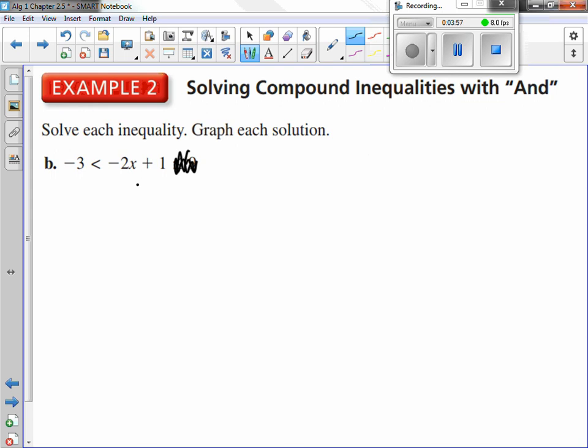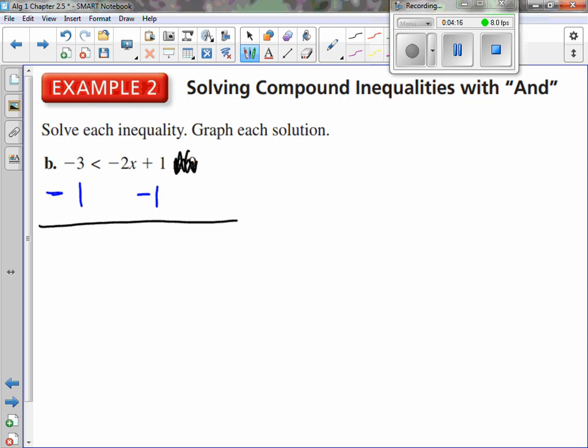If I want to get the variable by itself, I need to move the plus 1 first, yes? So how could I do that? What would we do? We would subtract 1, yes? Because 1 minus 1 is 0, yes? It gets rid of it.